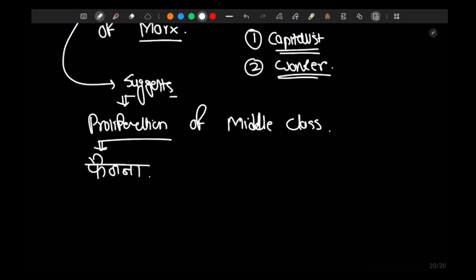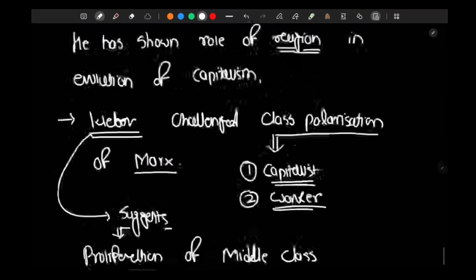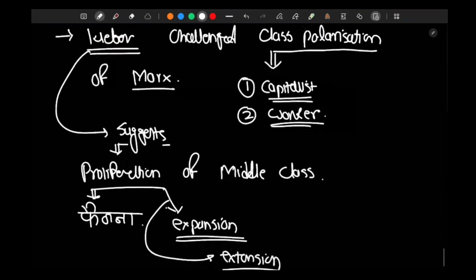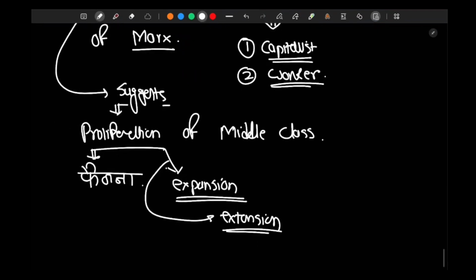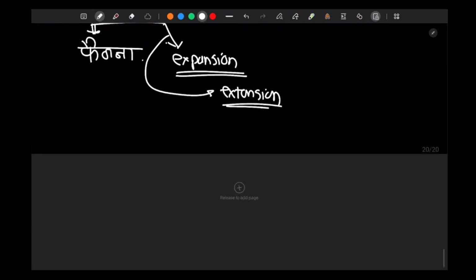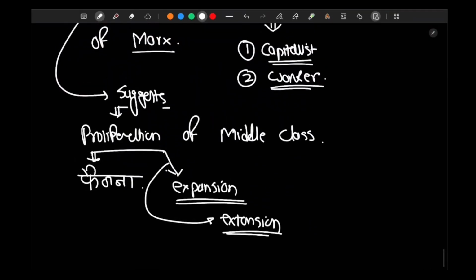How did the middle class get expansion? Proliferation has the synonym of expansion or extension. How did the middle class expand or extend? Weber, against class polarization of Marx, suggests proliferation of middle class, expansion of middle class.